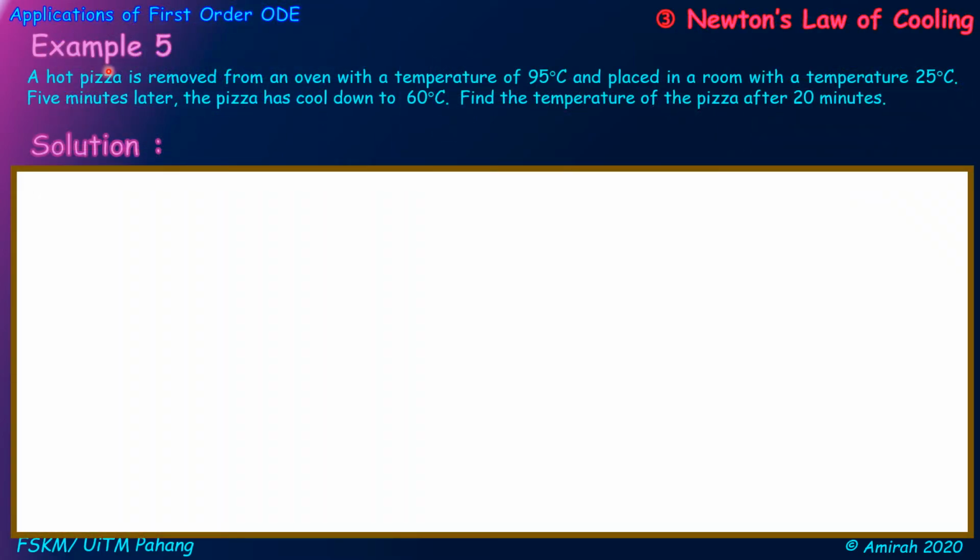Now look at example 5 under Newton's law of cooling. A hot pizza is removed from an oven with a temperature of 95 degrees Celsius and placed in a room with a temperature 25 degrees Celsius. 5 minutes later, the pizza has cooled down to 60 degrees Celsius. Find the temperature of the pizza after 20 minutes.